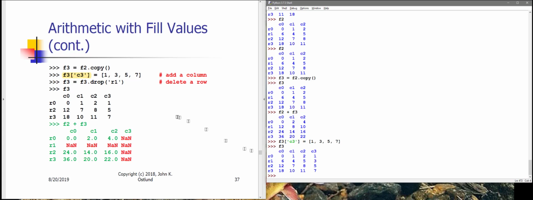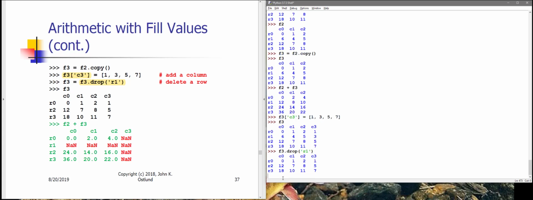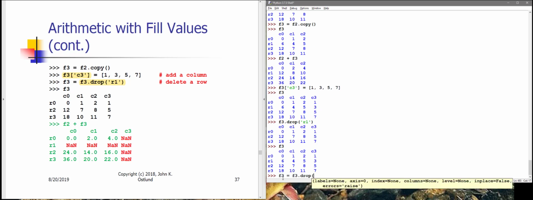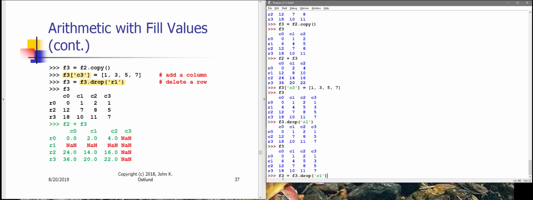And to make things even a little more different, let's try dropping row R1 from F3. Now if I just say F3.drop R1, that returns a revised copy of F3, but it doesn't actually modify F3. So I also need to say F3 gets F3.drop R1.